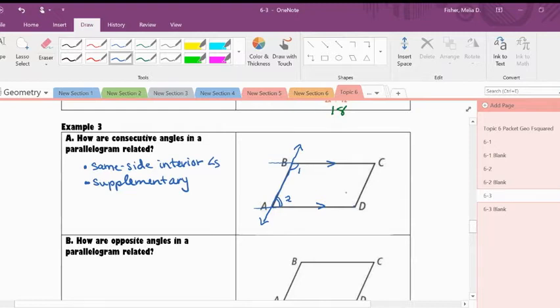So let's call this angle 3 and angle 4. It's going to work the same way if we look at this side being parallel to this side and being cut by this transversal. We would see that 2 and 3 are same side interior angles and supplementary. And then 1 and 4 would also be supplementary.